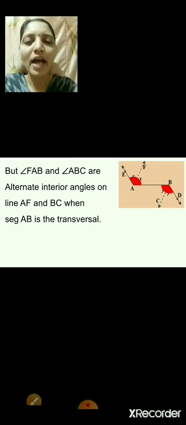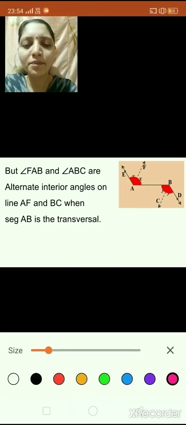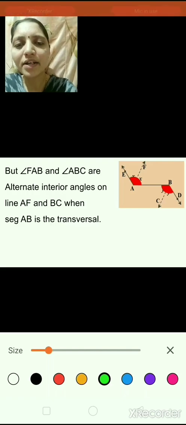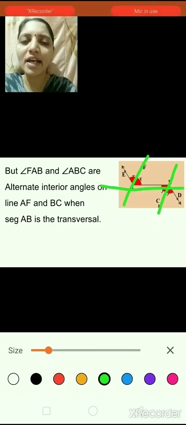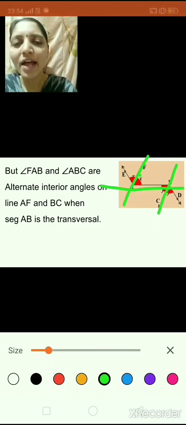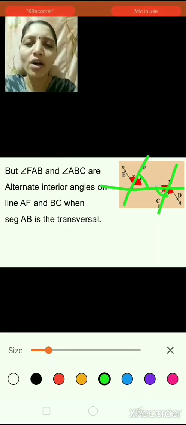Now angle FAB and angle ABC, these two angles are alternate. If you consider line AF and line BC as the parallel lines and AB as the transversal, then this angle and this angle are the alternate interior angles on line AF and BC when segment AB is the transversal.